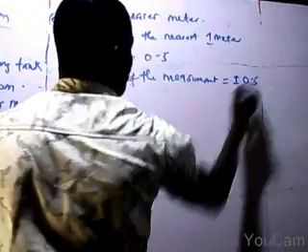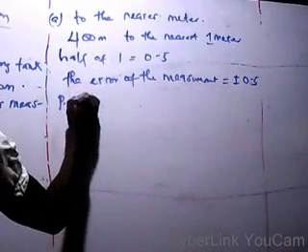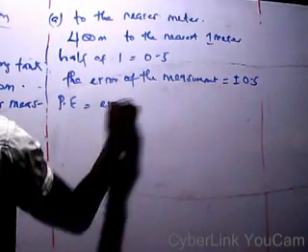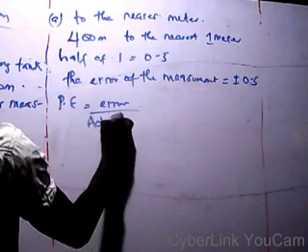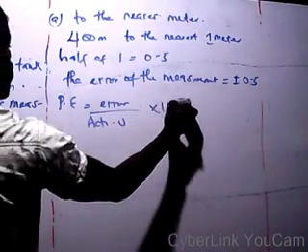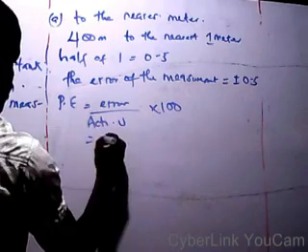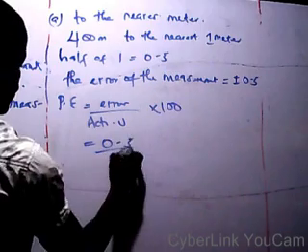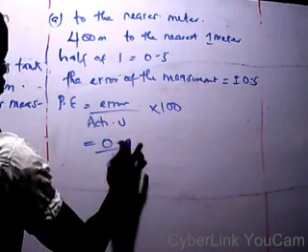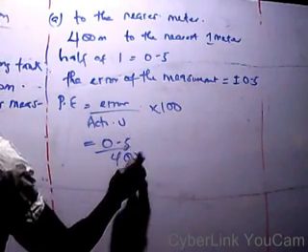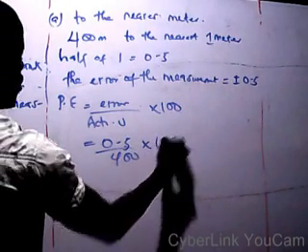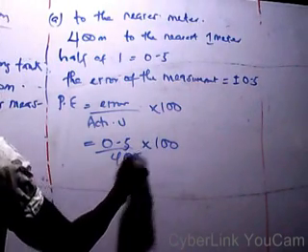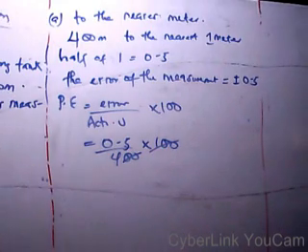0.5. So percentage error will now be what? Error over the actual value multiplied by 100. So that's 0.5 divided by 400 multiplied by 100. So we have 0.5 over 4, which is 1 over 8, right?